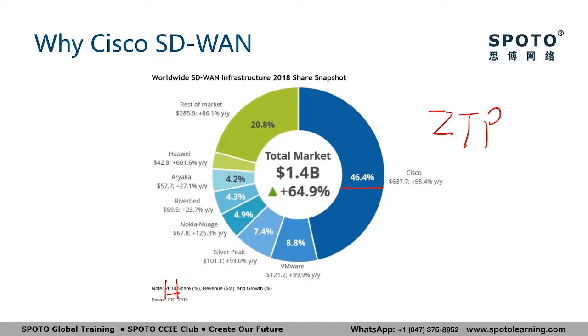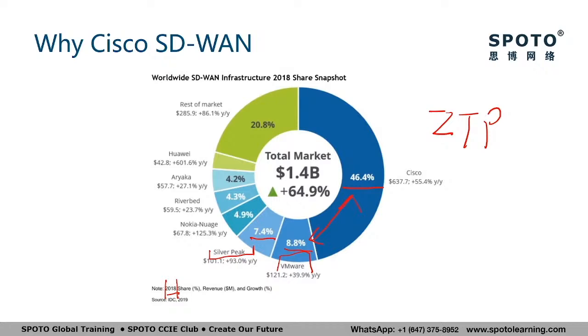The second one is VMware. It has 8.8% market share. The third one is Silver Peak. The market share is 7.4%. You can see the distance between these. They are huge. Cisco is absolutely the market leader for this technology on the market.